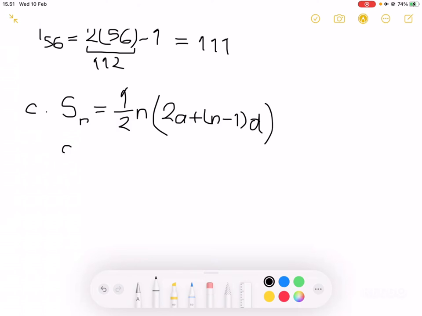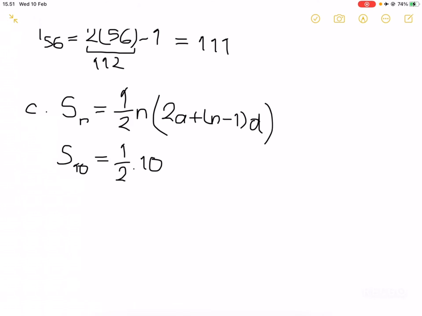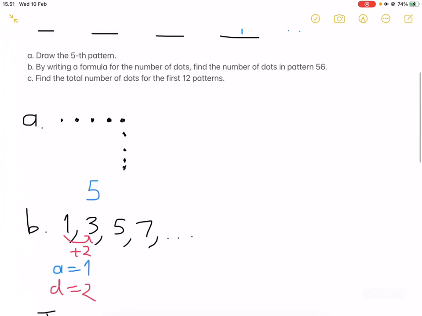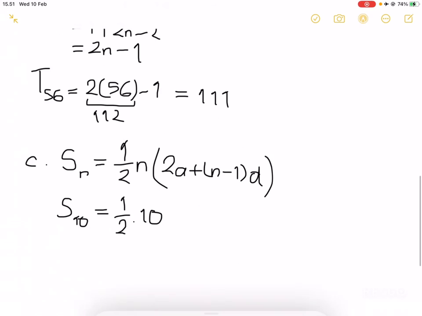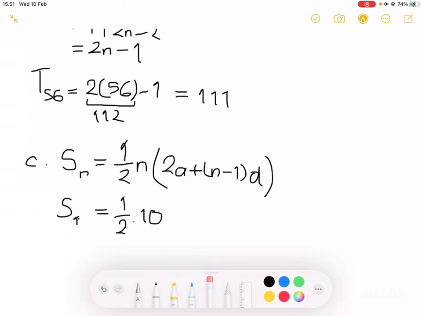So for this formula, we have s of 10, the first 10 terms is a half times 10. Oh wait, sorry, it is 12 patterns, not 10. And this is multiplied by, we know a is 1, n is 12, and d is 2.